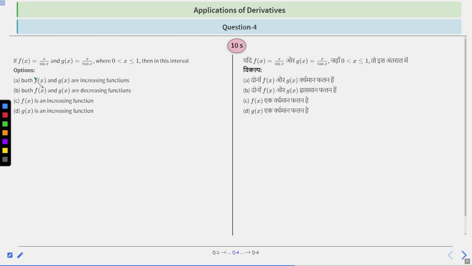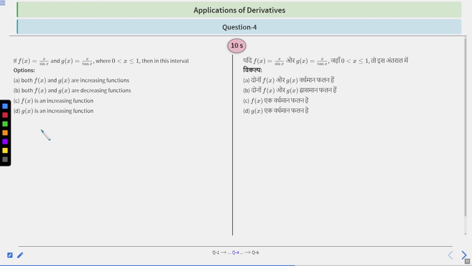As given in the options, you can easily conclude that we have to discuss basically the increasing and decreasing nature of f(x) and g(x), right? We have to discuss whether f(x) is increasing or decreasing, and g(x) as well. So what are the conditions? f(x) is given, g(x) is given.